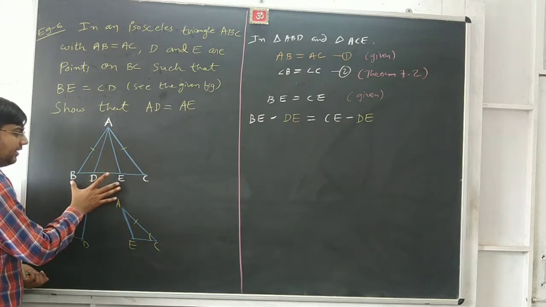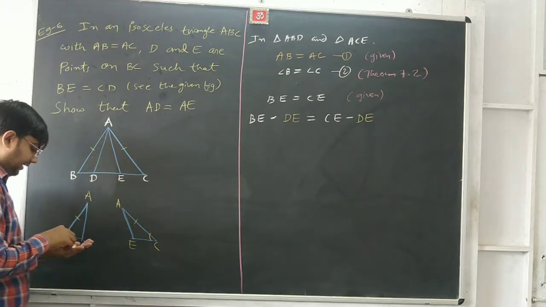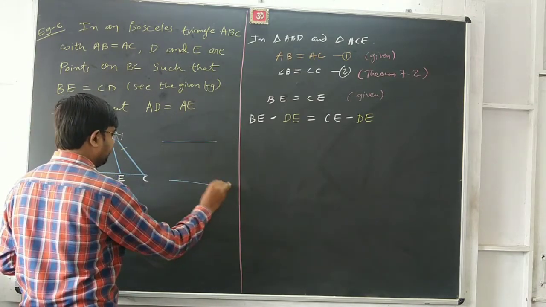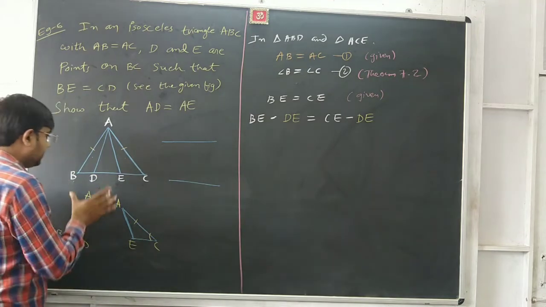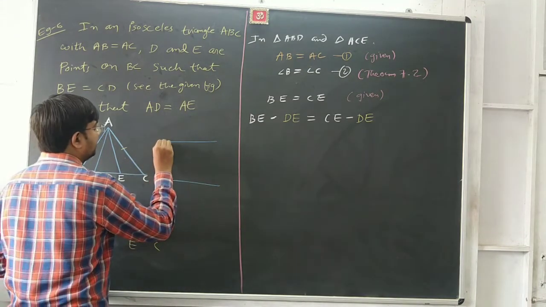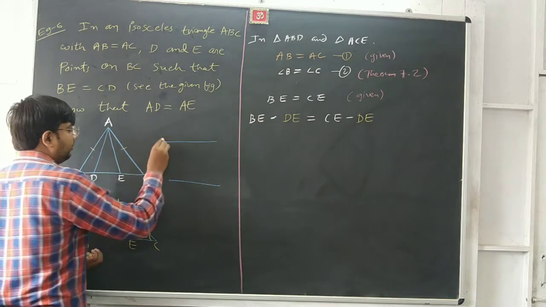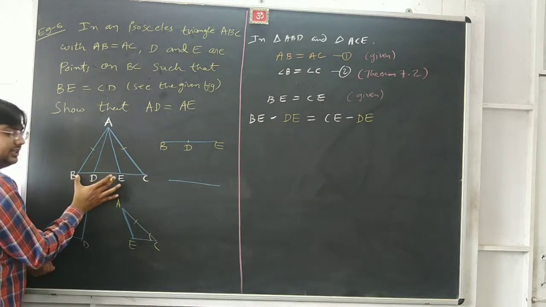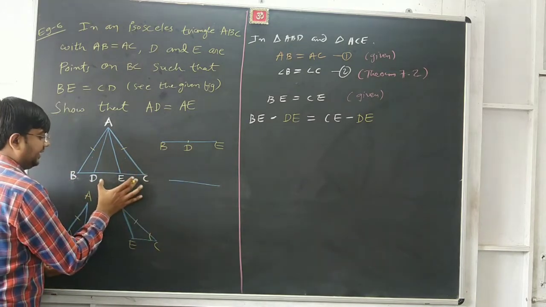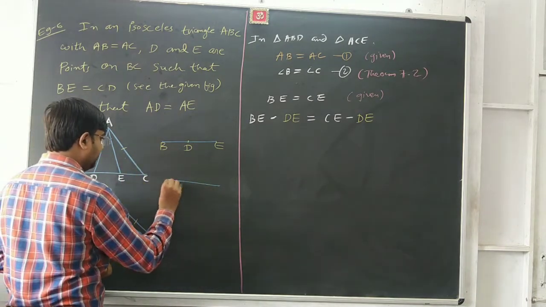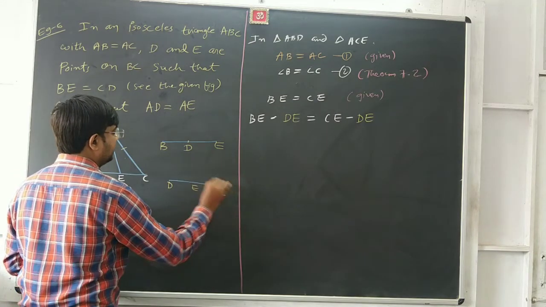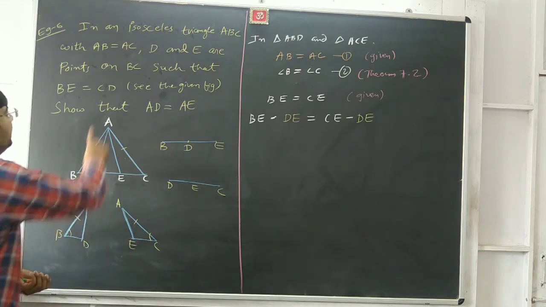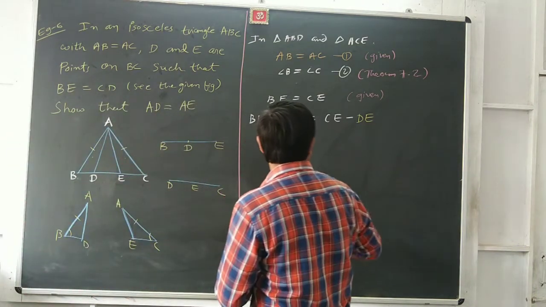Here is the BED; I can take this figure to here, and this figure to here. B, E, and C. So here is CD.